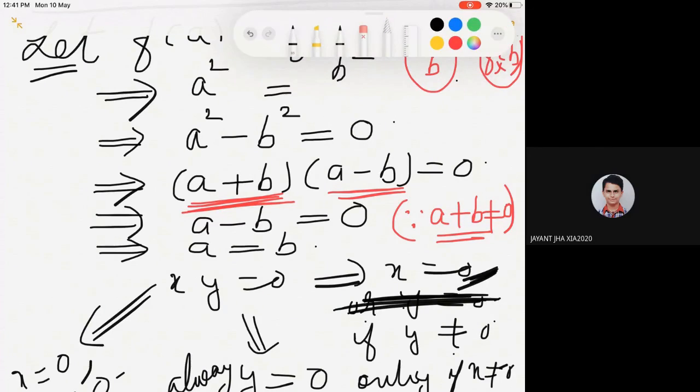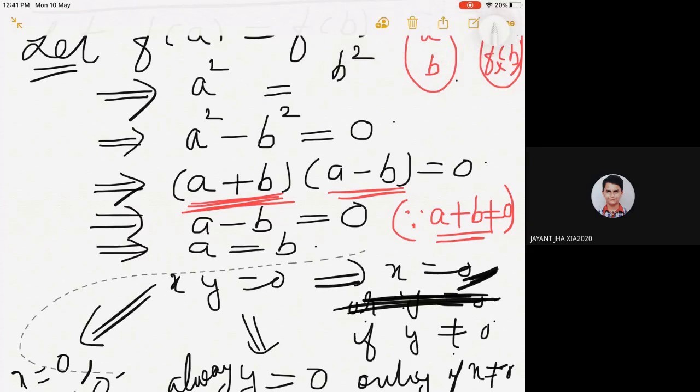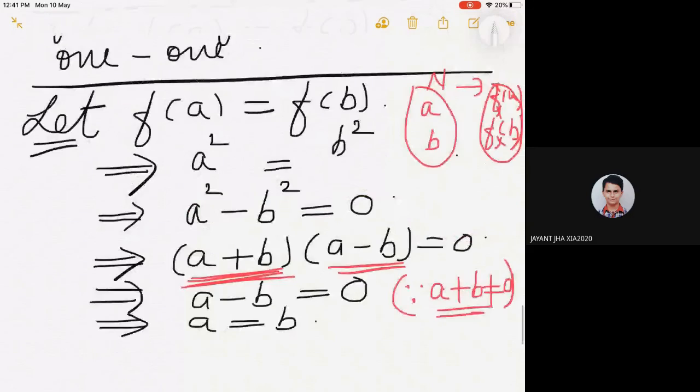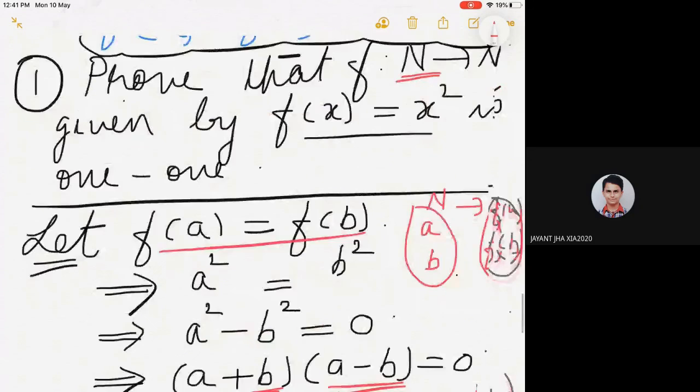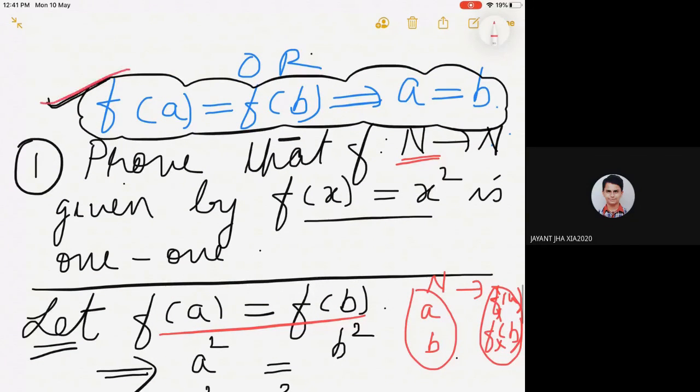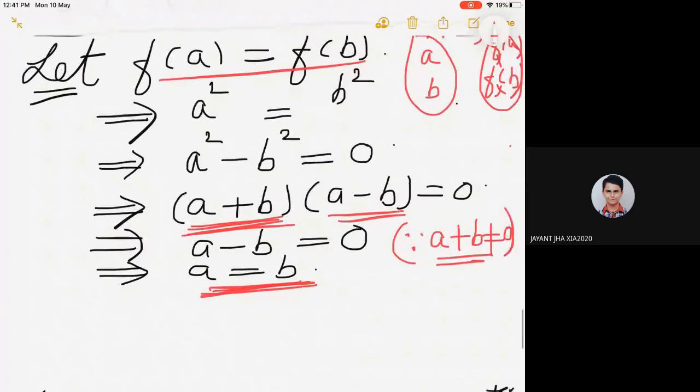So what you have assumed is that f of a equal to f of b, and you have proved that a equal to b, and that is the basic definition of 1, 1 function. So you can write that therefore f is 1, 1.